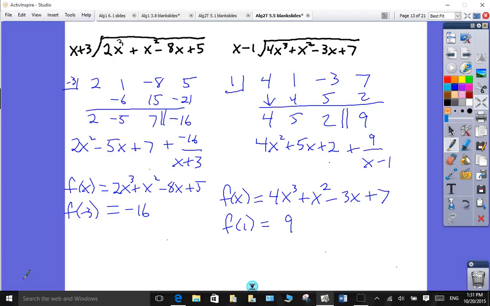And the remainder was negative 16. So you say plus negative 16 divided by 11.